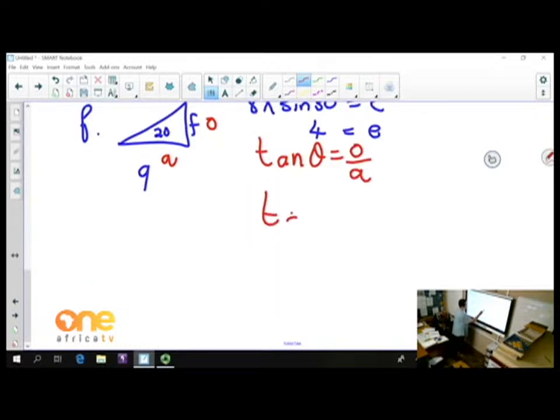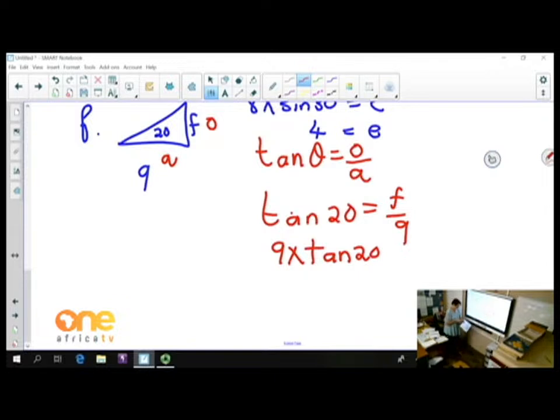Substitute, so tan 20 is equal to F over 9. Which method? Top times. 9 times tan 20. Use your calculator to get that. 9 times tan 20 is equal to 3.28.